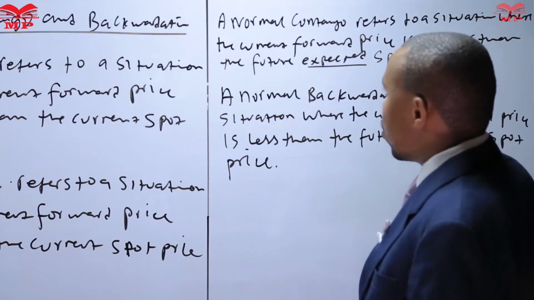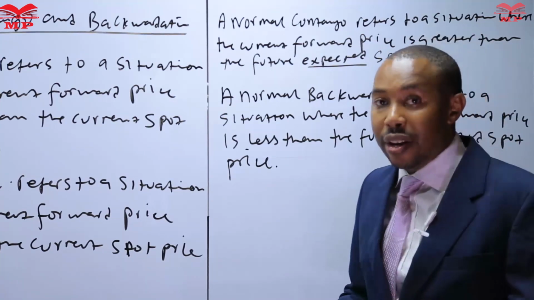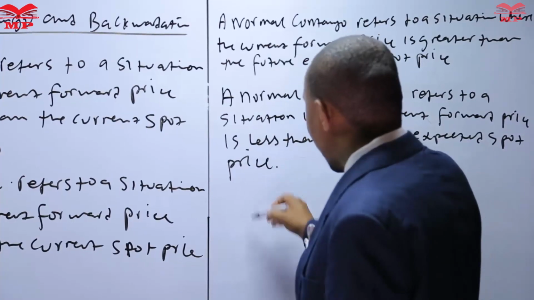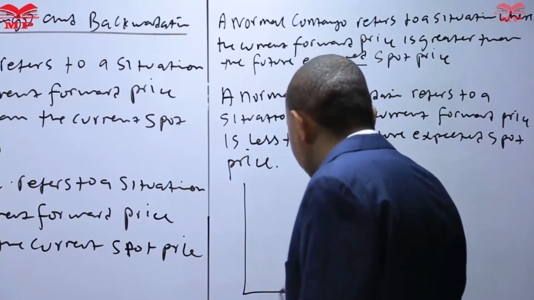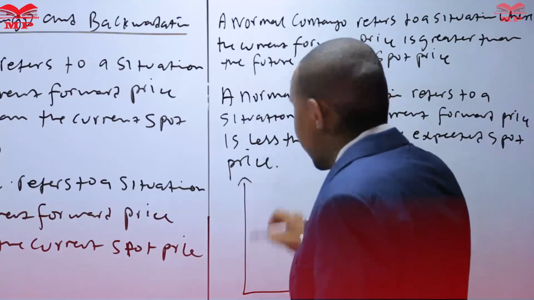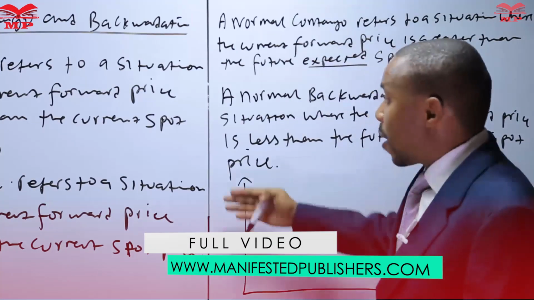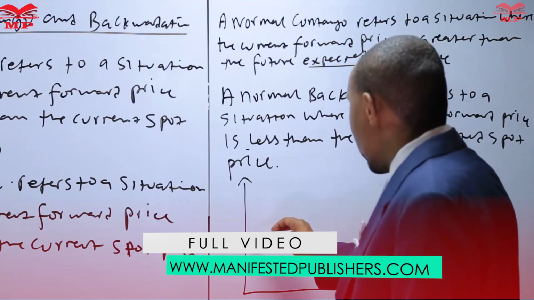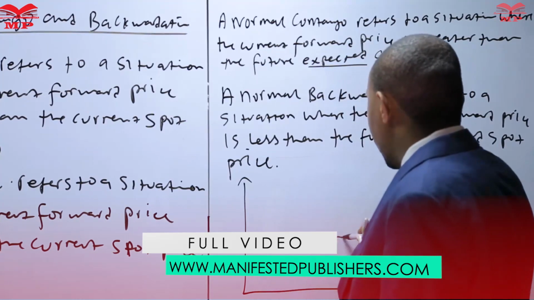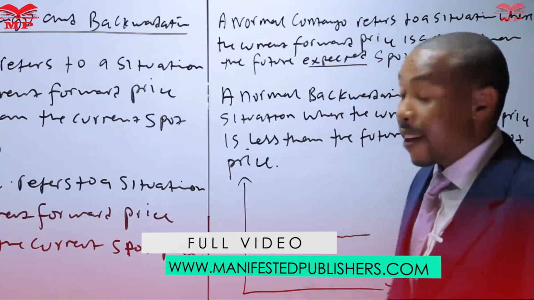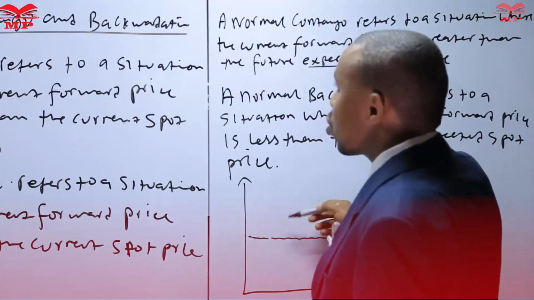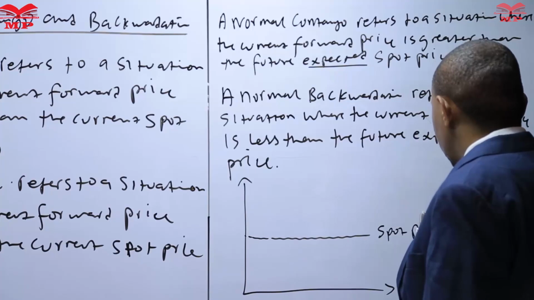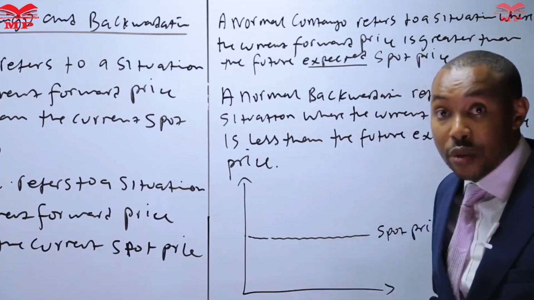We move on and look at the cost of carry model. But before we go to the cost of carry model, I can try and emphasize a small graph right over here, where we will be able to explain a contango situation. If you have a given price level like that, this is what we're saying is a spot price, probably today's price.